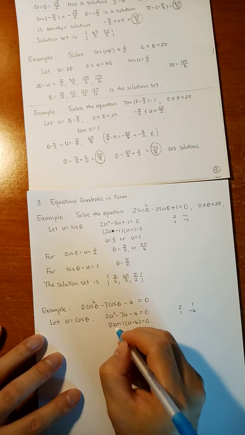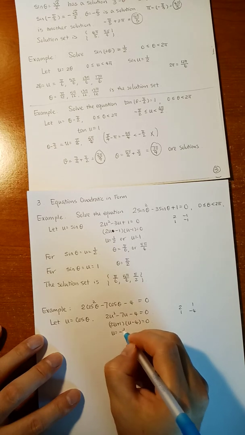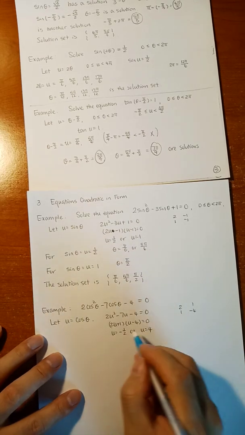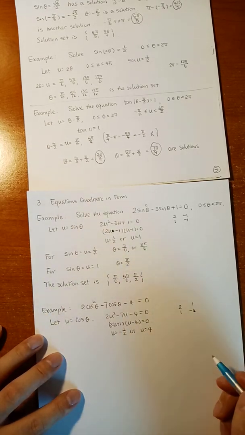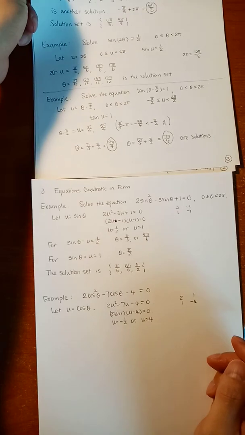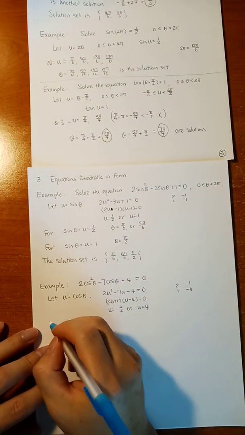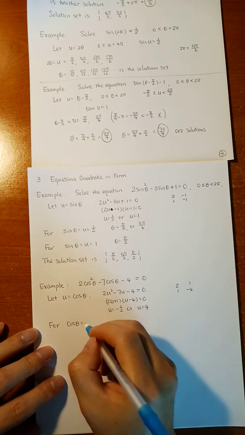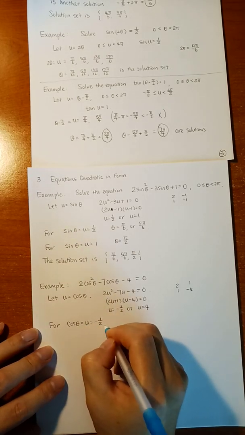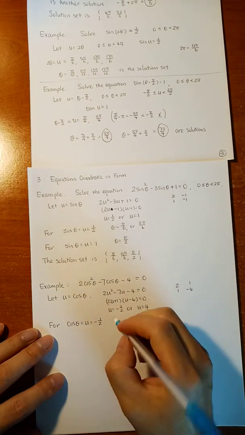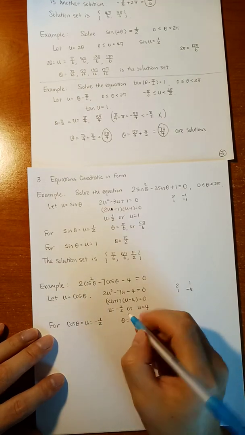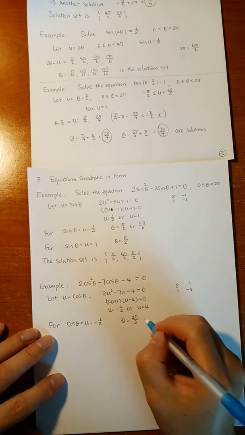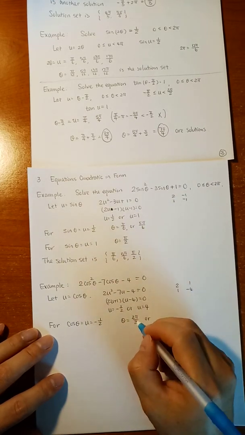And 2u plus 1 is 0, u is negative 1/2. u minus 4 is 0, u is equal to 4. So these two solutions are from two separate factors. Okay, so for cosine theta equal to u equal to negative 1/2, you recall the table, then theta is 2 pi over 3 or 4 pi over 3.